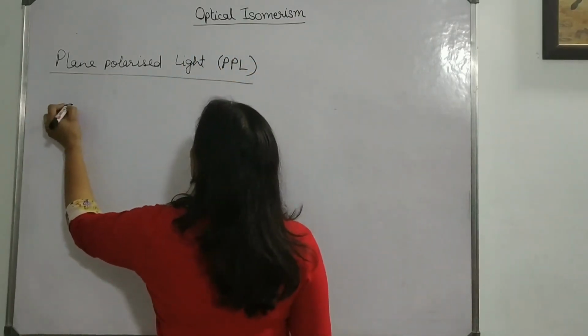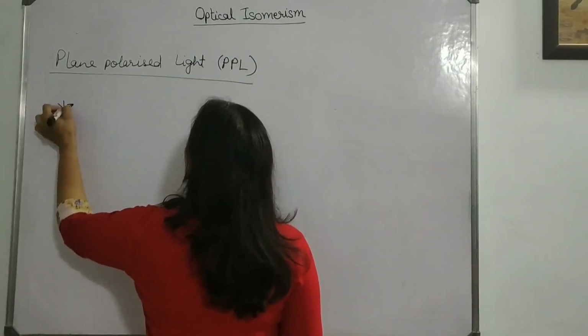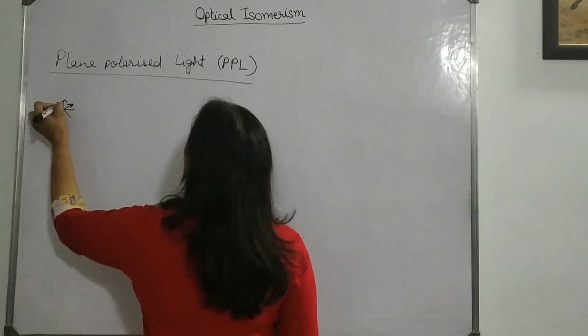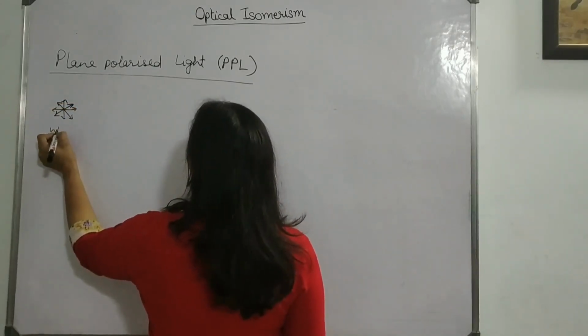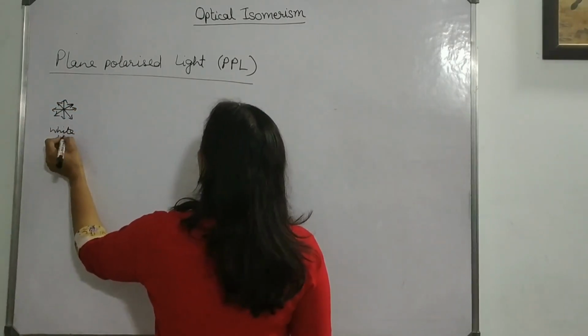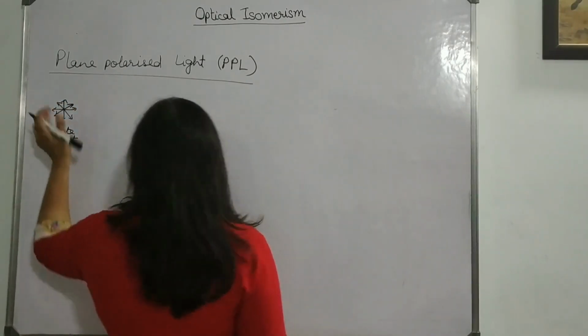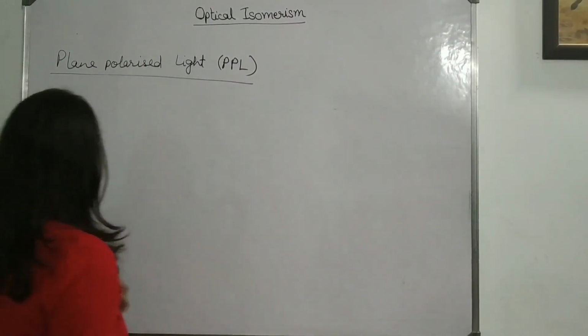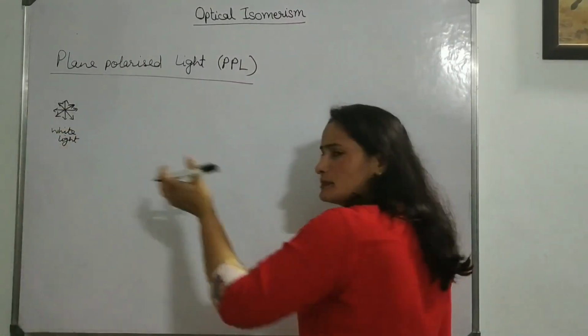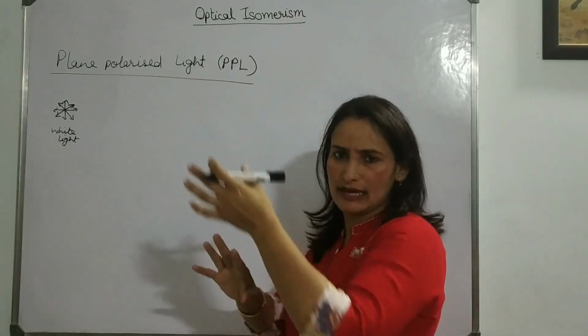For example, this is a light source, a white light source in which we can see oscillations in different directions, so it has rays in all directions.